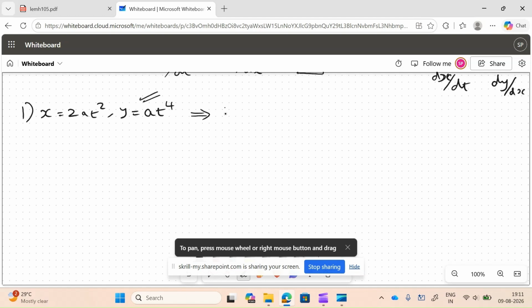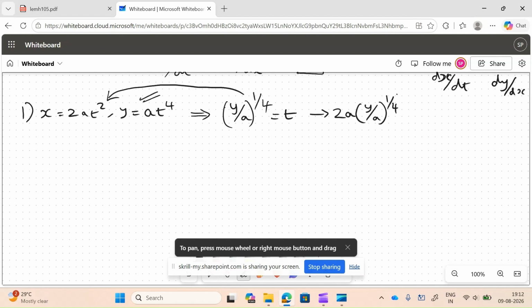this equation y equal to at to the power 4 can be written as y by a to the power 1 by 4, which is equal to t, and you can substitute this t in the equation for x. So you will get x equal to 2a into (y by a) to the power 1 by 4 into 2, so this will be 2a into (y by a) to the power 1 by 2.